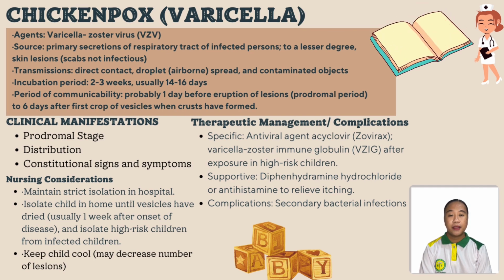Distribution: centripetal, spreading to the face and proximal extremities but sparse on distal limbs and less on areas not exposed to heat, for example, clothing or sun. Constitutional signs and symptoms: elevated temperature from lymphadenopathy, irritability from pruritus.